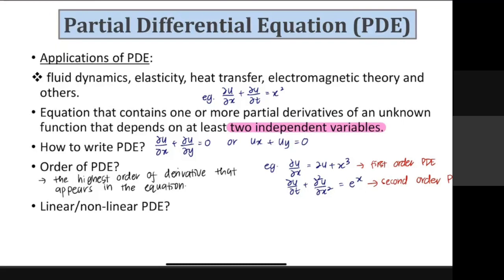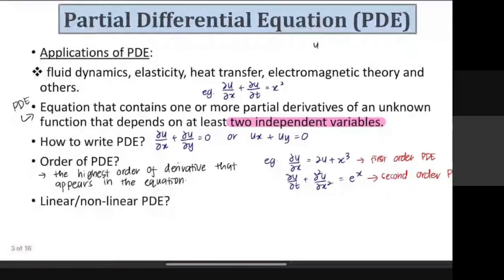So a PDE is an equation that contains one or more partial derivatives of an unknown function that depends on at least two independent variables. This is an example of a partial differential equation. Let's say U is the unknown function.